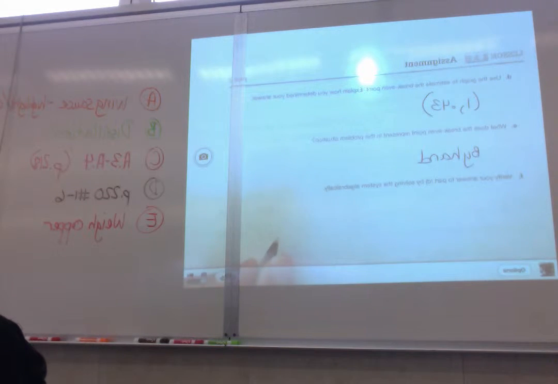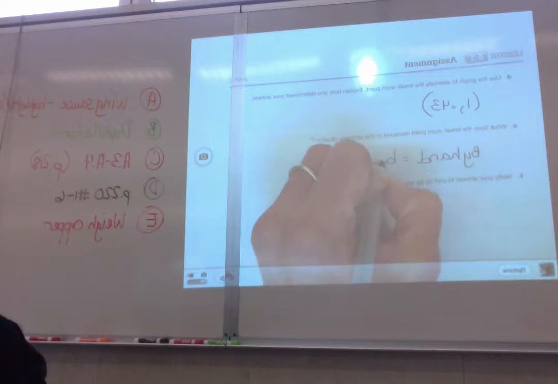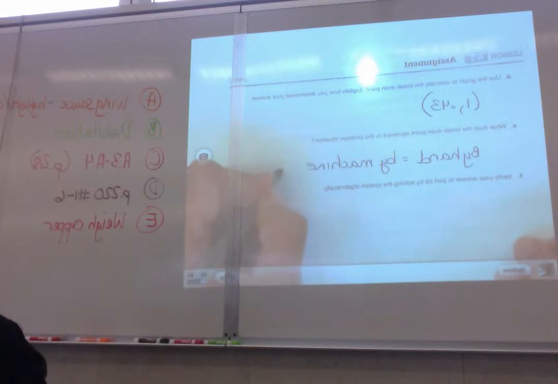How does that compare at the break-even point? They separate into two lines with different coordinates, but at that break-even point, they're equal. Equals by machine. At that spot, it's the crisscross of the two lines.